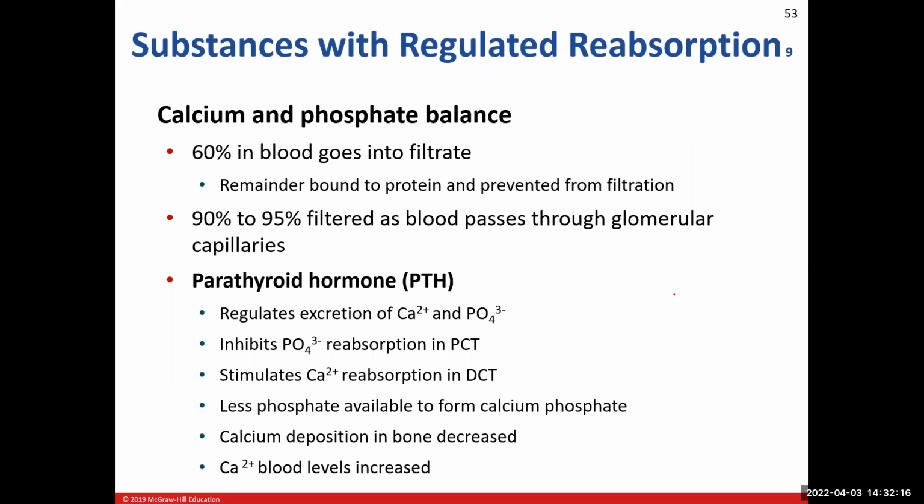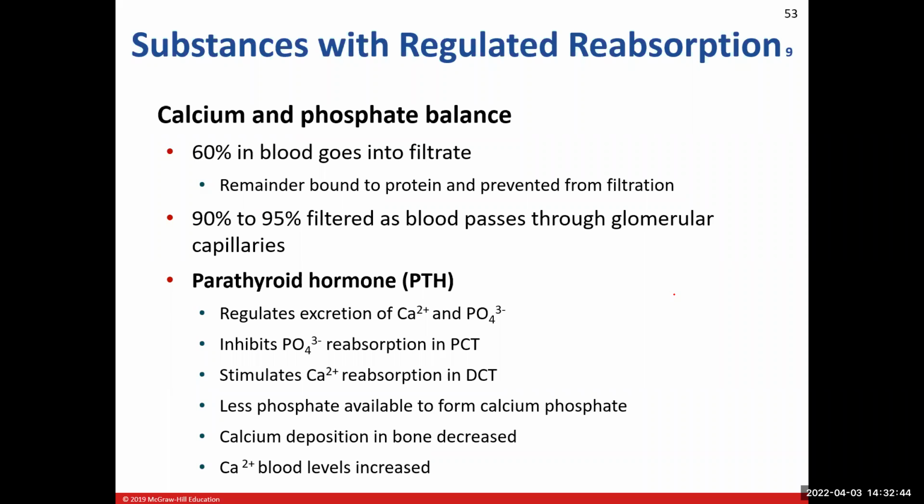A significant amount of calcium is just free floating in the blood plasma. But we also have calcium binding proteins in our circulation. If you recall, calsequestrin and calmodulin are two calcium binding proteins. We saw both of those in the sarcoplasmic reticulum, terminal cisterna, in skeletal muscle cells.